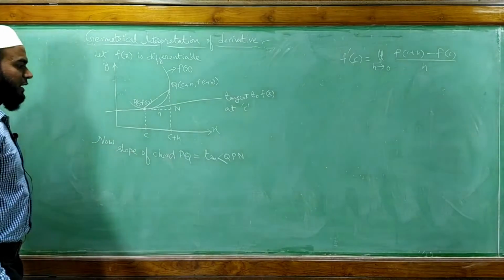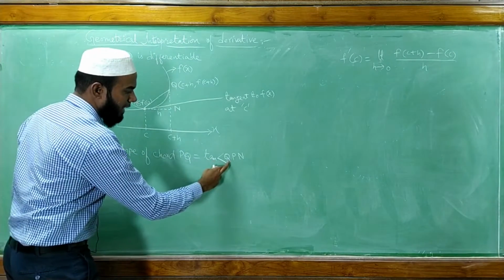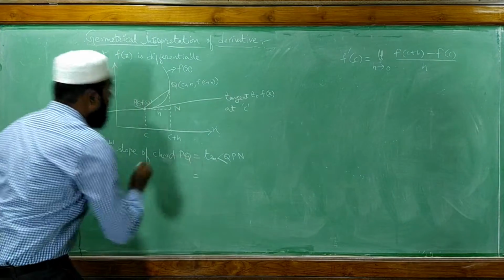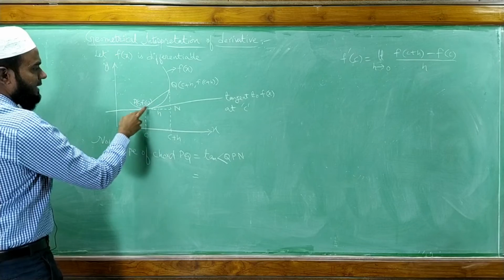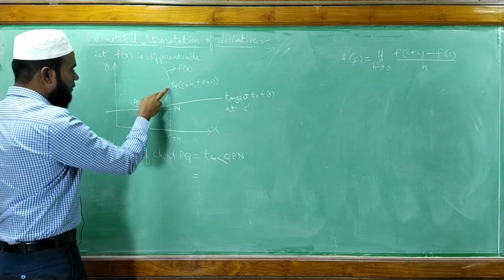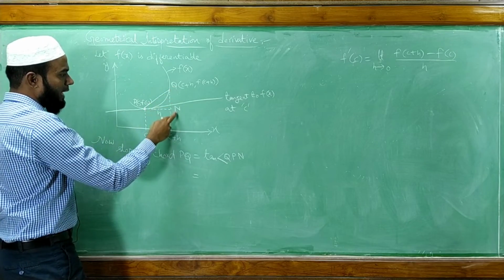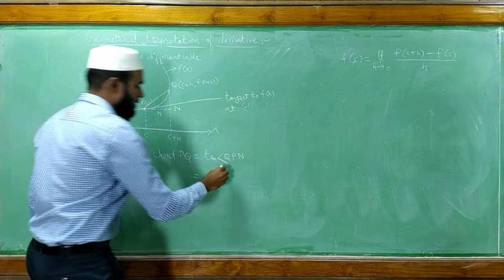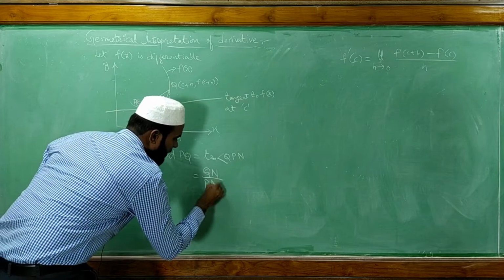This is from the geometry. I am writing slope of chord PQ is given by tan of angle QPN. Then if you consider this, it is a triangle and the angle is here, QPN. Then tan of QPN is nothing but opposite side by adjacent side, that is QN by PN. So this is nothing but QN by PN, right?